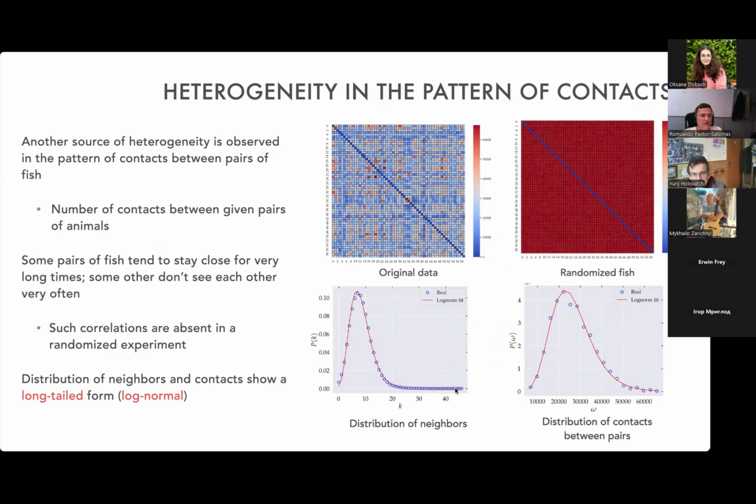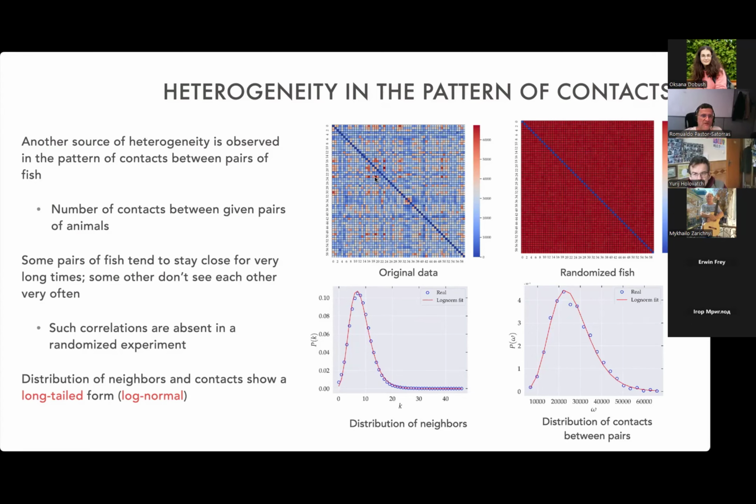You can also look in a little more detail at the number of contacts between given pairs of animals. If animals were interacting randomly, you would expect your pattern of contacts to be something completely flat. Instead, what you find in your original data is something like this.